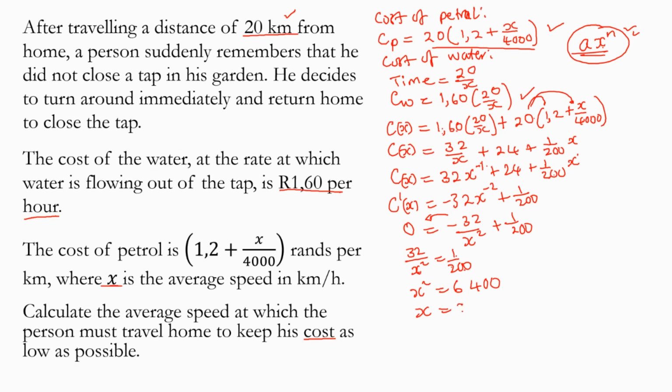So it's going to be 800 kilometers per hour. Okay, right, because here the negative will just be about direction, not the magnitude. So we just take x is equal to 800 kilometers per hour. So that is the speed at which the person must move to keep his cost as low as possible. Okay, right. So that's what we're supposed to do there in question 11.